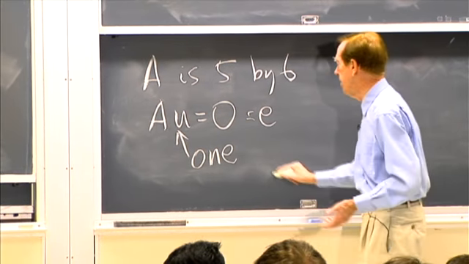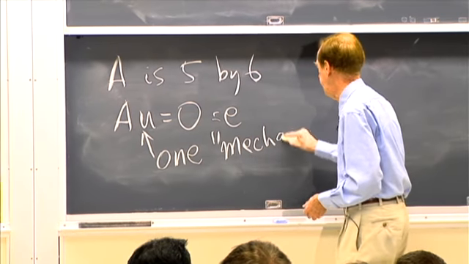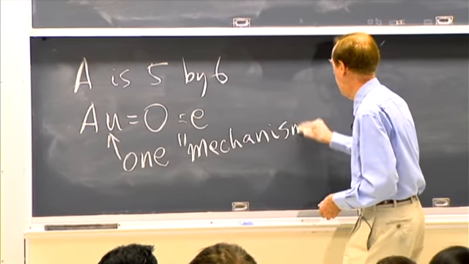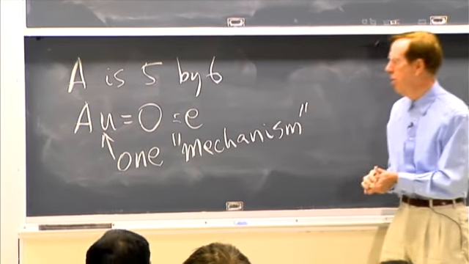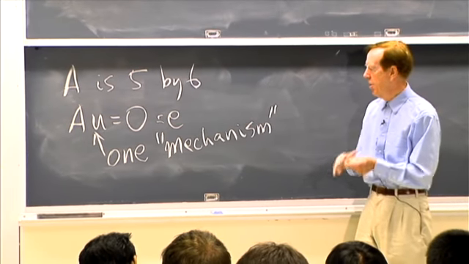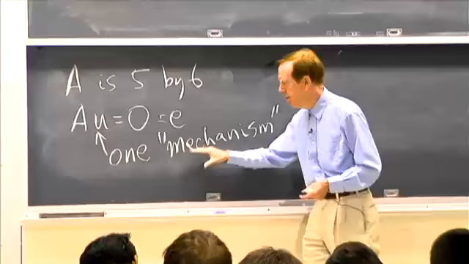The neat word for it is a mechanism. And what does that mean? A mechanism is a solution to AU equals 0. So a mechanism is a movement of the bar. So it's going to be non-zero.